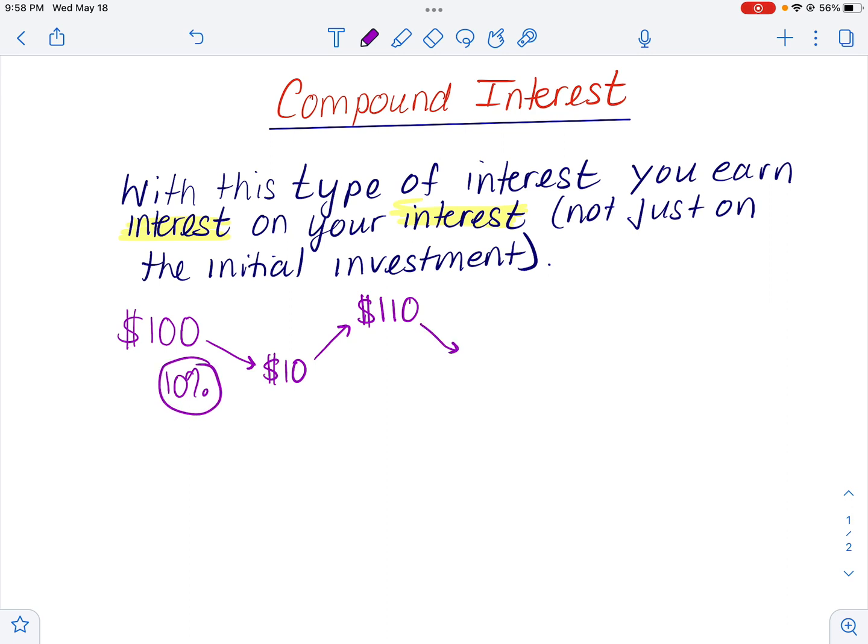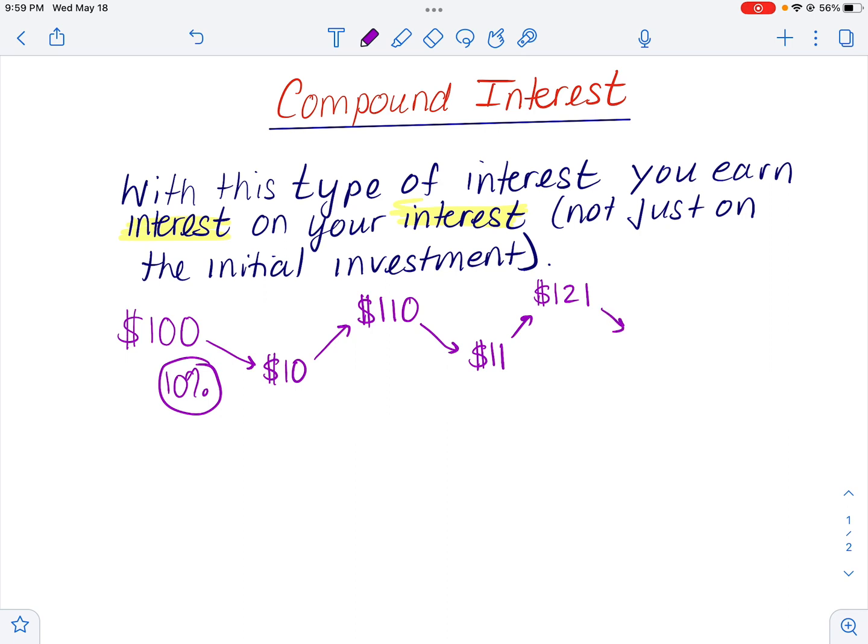So 10% of $110 would be $11. And then you add that back on. So $110 plus $11 would be $121. And then let's say you earn more interest.